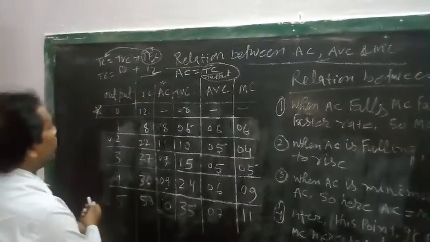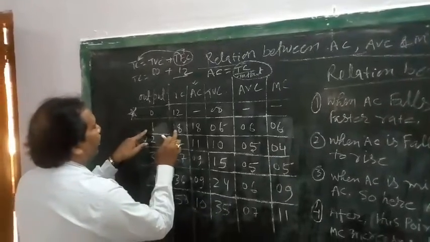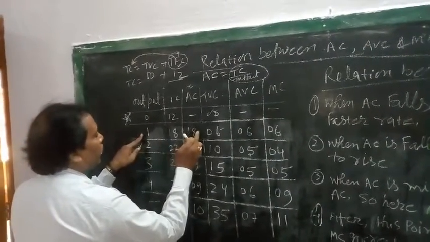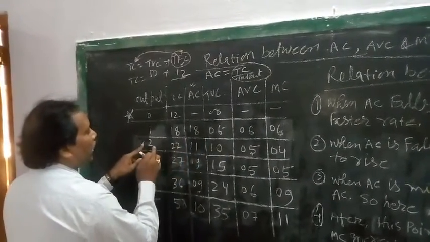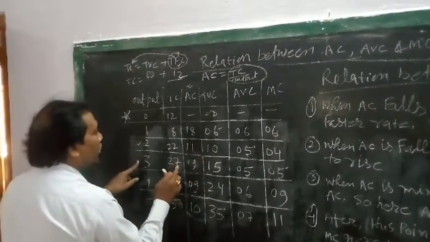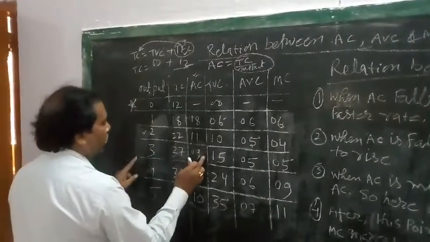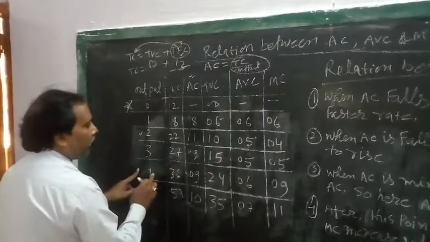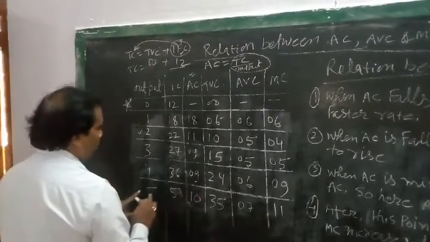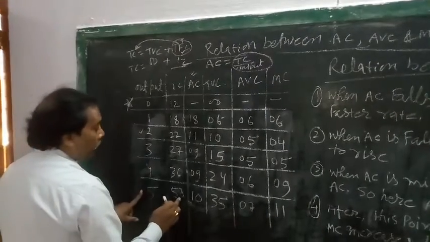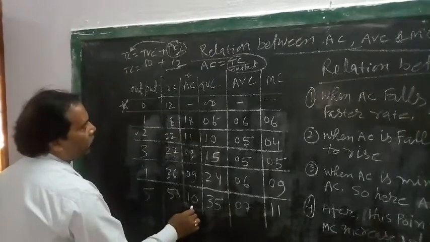So here, if the TC is 18, then 18 divided by 1 is equal to 18, 22 divided by 2 is equal to 11, 27 divided by 3 is equal to 9, 36 divided by 4 is equal to 9, and 50 divided by 5 is equal to 10.